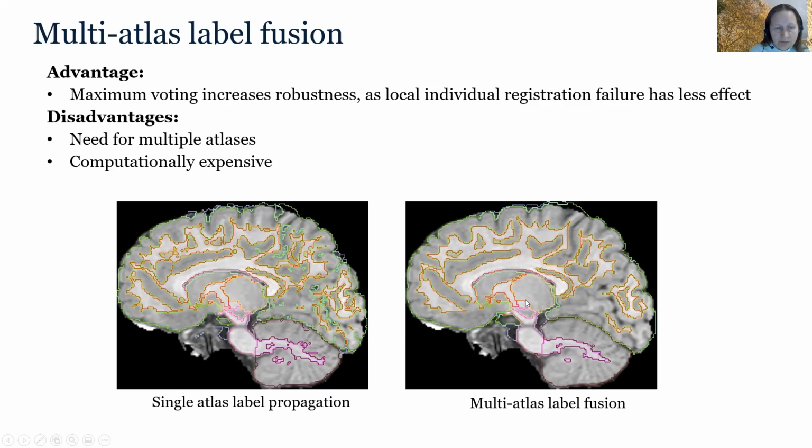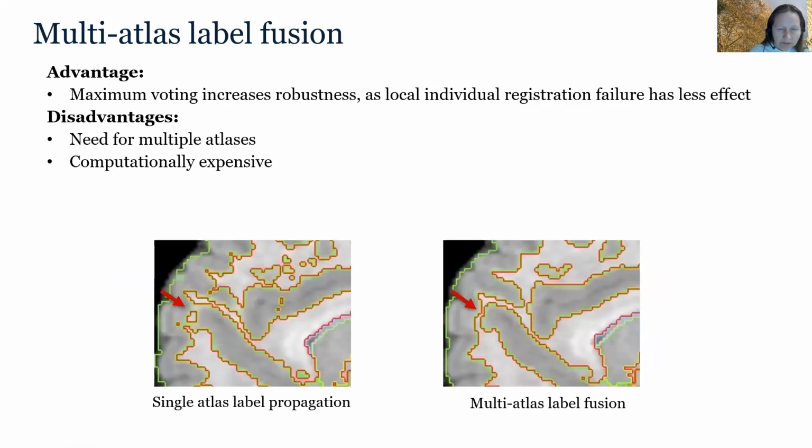So the segmentation is nicely cleaned up. If we look at it in detail, for example, here we see in multi-atlas label fusion that we have nice connected structures, thin bits of white matter, and this got disconnected in this image because the segmentation is noisy.